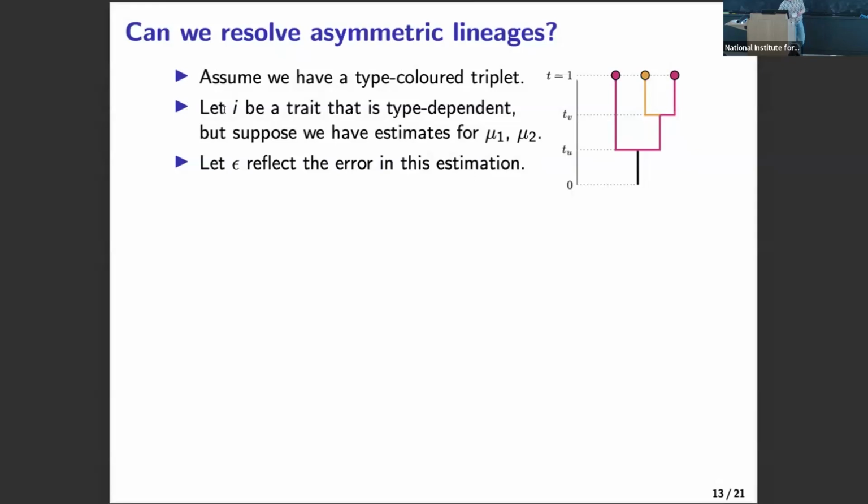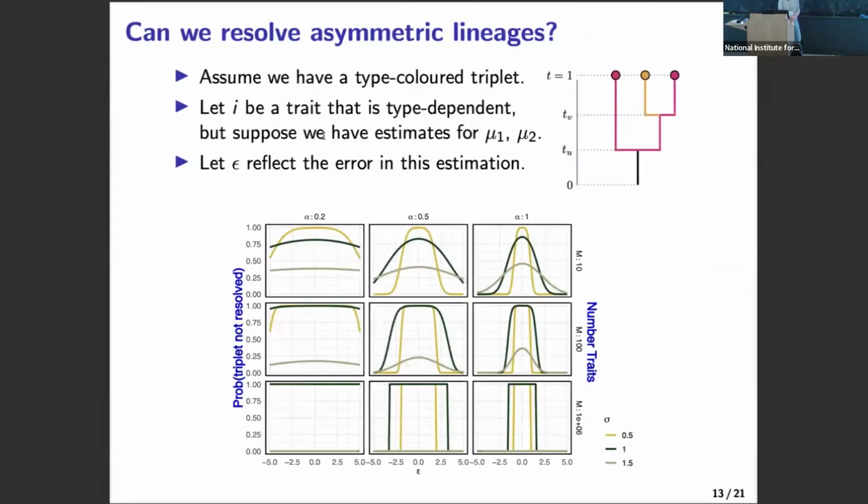So we have a trait that is dependent on these cell types. Here I've numbered these 1 and 2. And we assume that we have estimates for these mean values for each of the types, which is a big assumption, but this is something that people understand. So I've let epsilon reflect the error in this estimation.